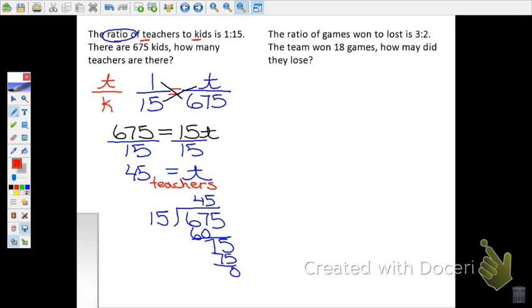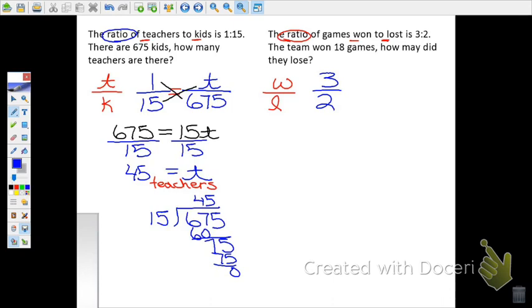Be writing this down. The ratio of games won to lost is 3 to 2. So again, we've got a ratio. We're looking at wins and losses. And that ratio is 3 to 2.